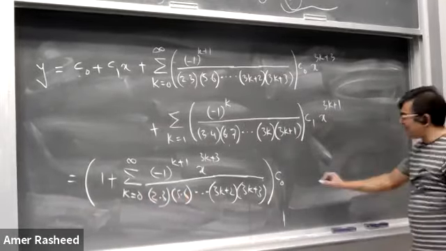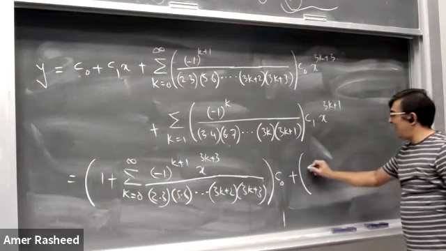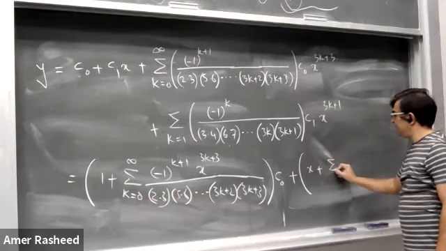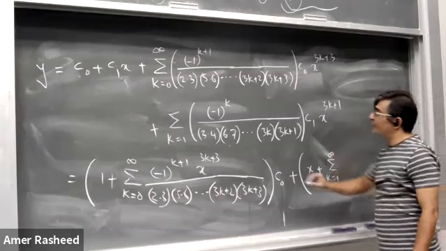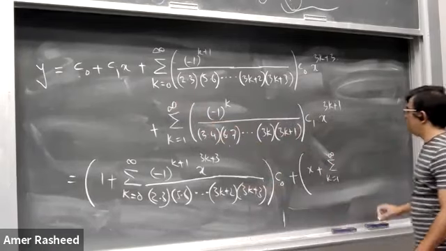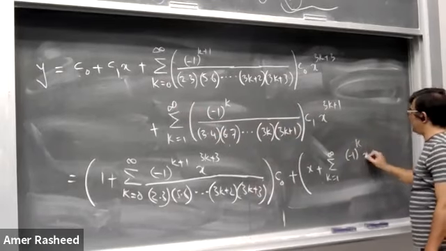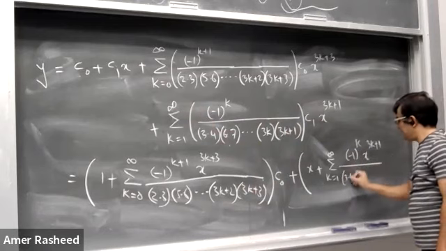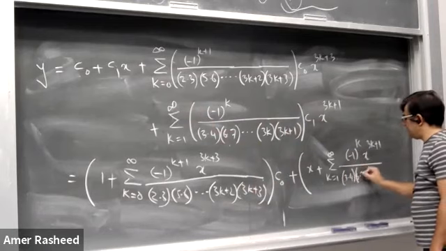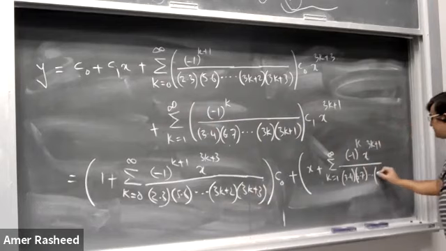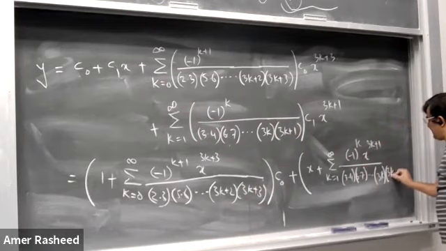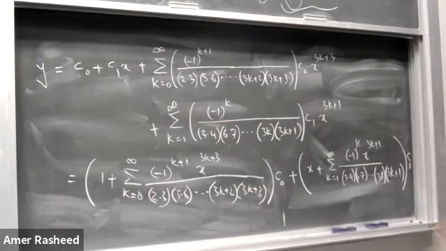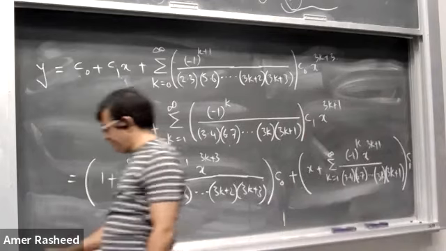इन दोनों में से c1 कॉमन ले लें तो ये क्या आ जाएगा x plus summation k from 1 to infinity -1 power k x power 3k plus 1 whole divided by 3 times 4, 6 times 7, so on 3k times 3k plus 1, this times c1. अब आपके पास क्या है ये?